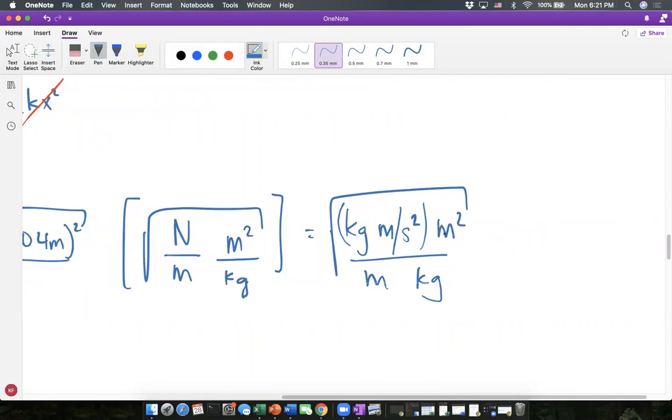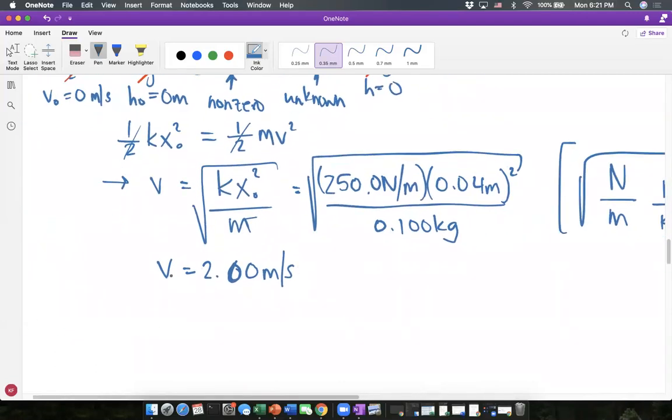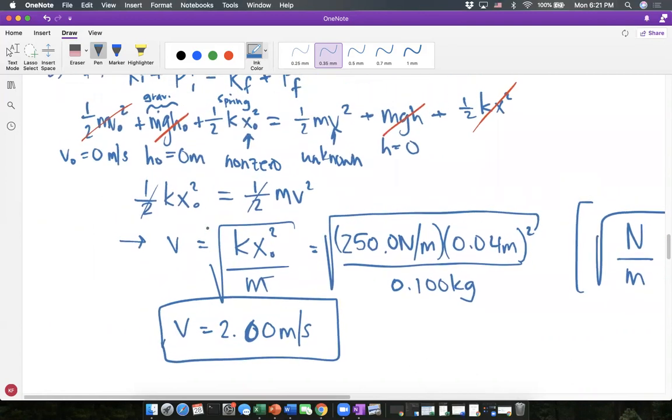So one of these cancels with one of those. Okay, my kilograms cancel, so I end up with meters squared over second squared in the square root. So that gives me meters per second. Good. All right, just checking to make sure that we're getting the right units, because remember, units are very important in physics and in life in general, okay?